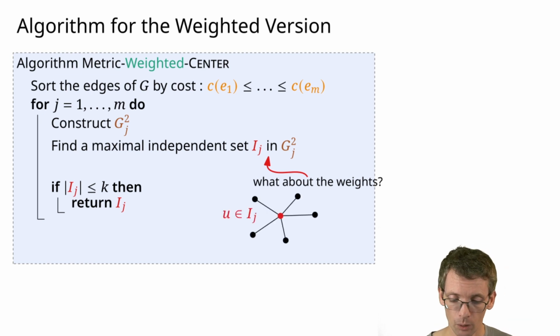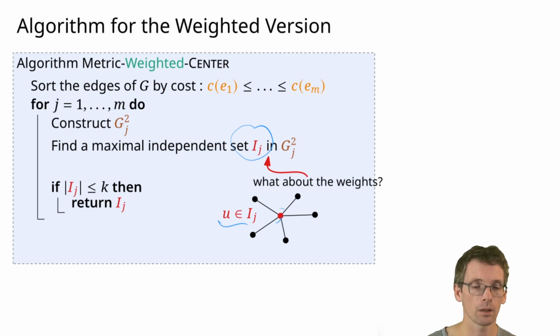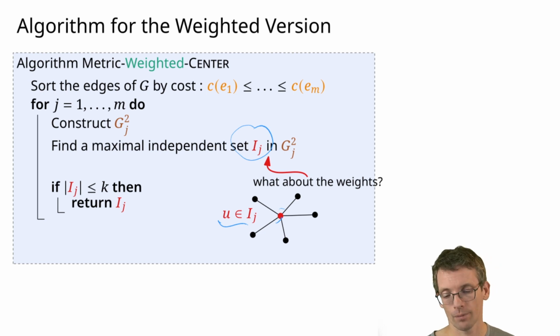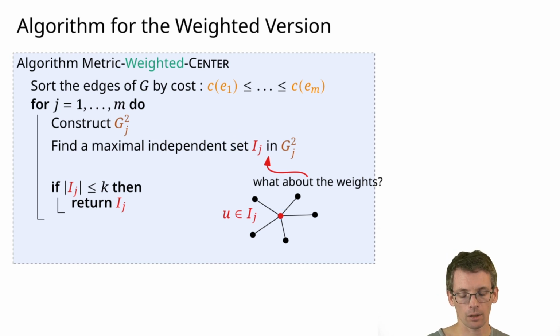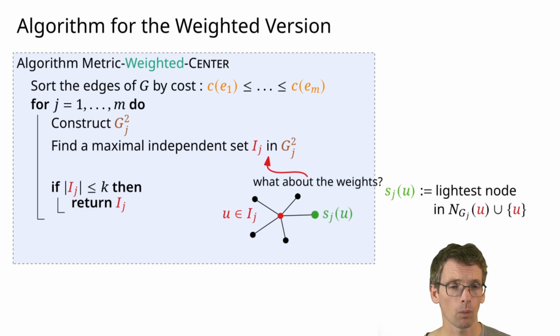But what we're now going to do is the following. For each of the vertices in this maximal independent set, let's say this is such a vertex U, this is its neighborhood in Gj. Now, of those neighbors, including U itself, I am taking the lightest node, meaning the one with the smallest weight.